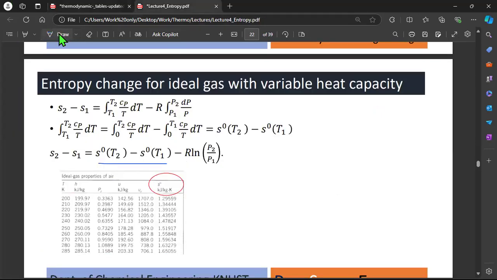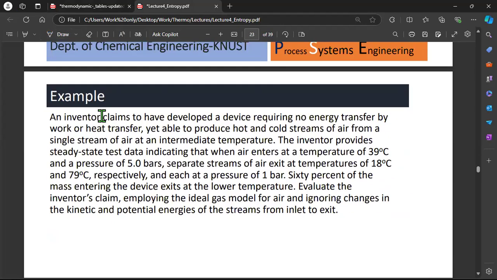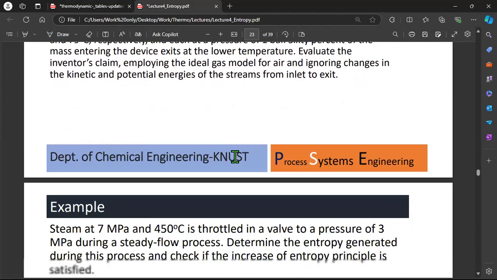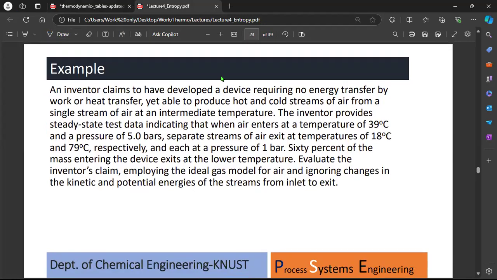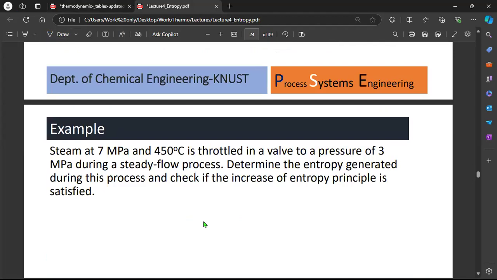Okay. So we have an example here, and I will walk you through the example and then we'll come back. So I'll walk you through this example and then this one we'll leave as an assignment for you to try.